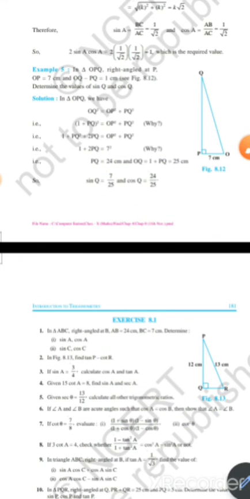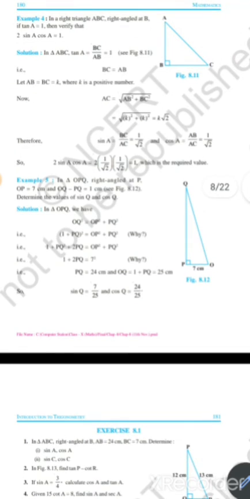So understood, students? This is how we apply the basic theory of trigonometric functions in any right angle triangle. Please remember, it is applicable only for a right angle triangle. If a triangle is not a right angle triangle, then we have to convert it into a right angle triangle.